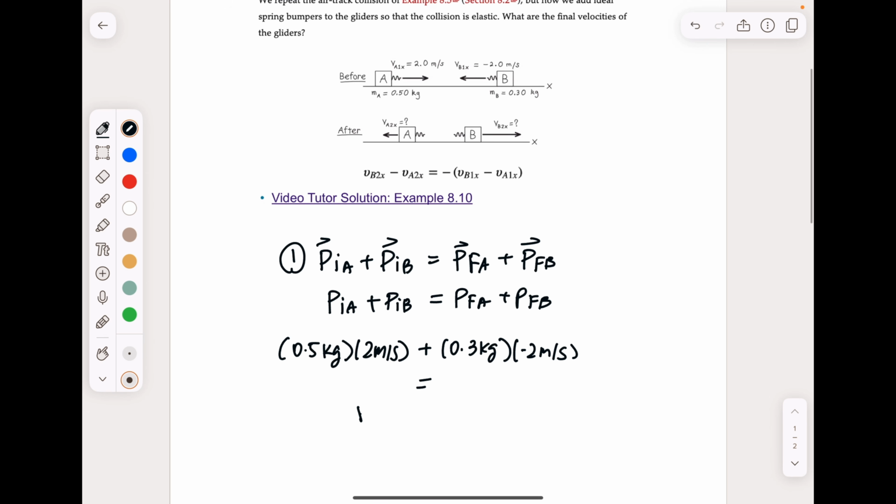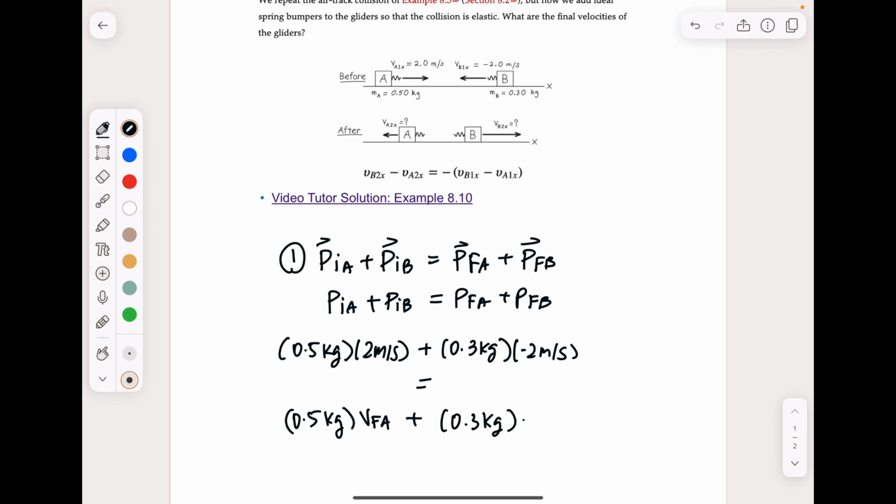In the previous example, we had only one velocity because they combined together and became as one. But now we're going to have two unknowns: a final velocity for A and a final velocity for B.